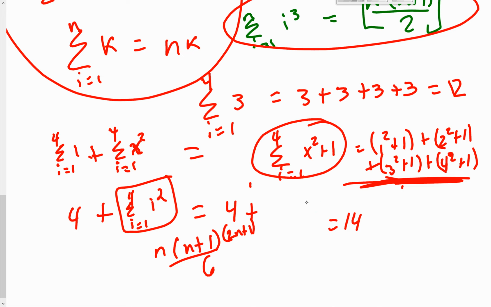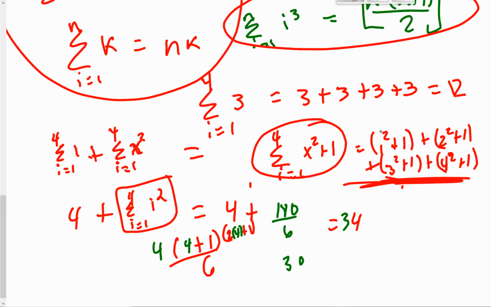Then we can plug in our n here. So that's 4 times 5 times 9. So 4 times 5 is 20 times 9, it's 180, right? Divided by 6, that's 30. So this is actually equal to 34.